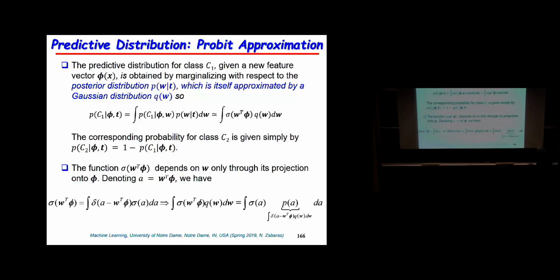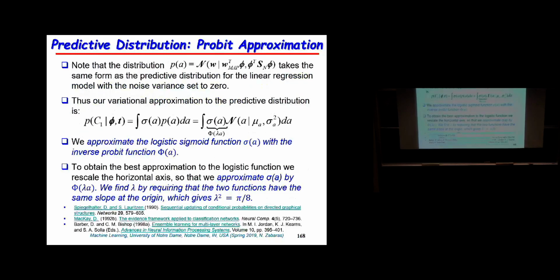And of course, now the complication is, we have managed this whole integral to write it as an integral of the sigmoid in A times some Gaussian in A, and then we have some integration in A there. So this is what we have to finish up the job. We have the sigmoid in A, P of A, dA. Remember, there's no W now.